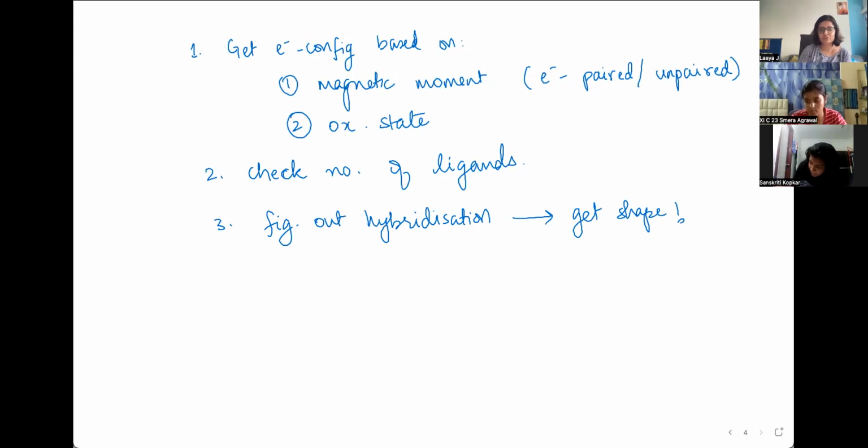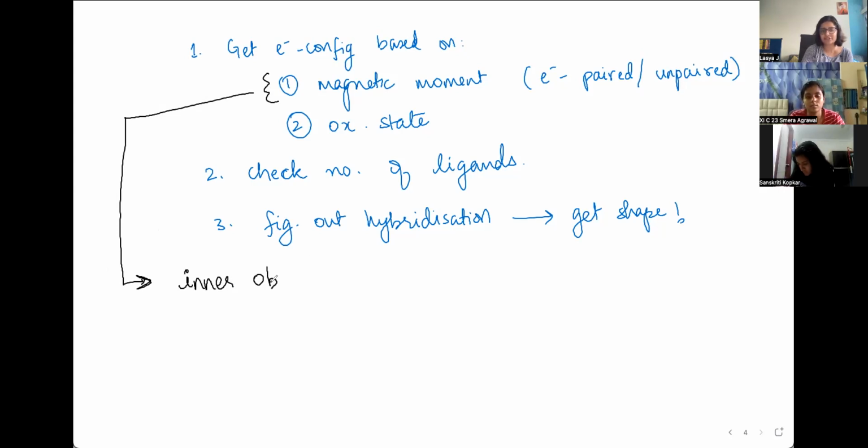Okay, so you have two different types of complexes, based on the number of unpaired electrons, based on the magnetic moment. One type is where the inner orbital is hybridized, like dsp2 or d2sp3 type.